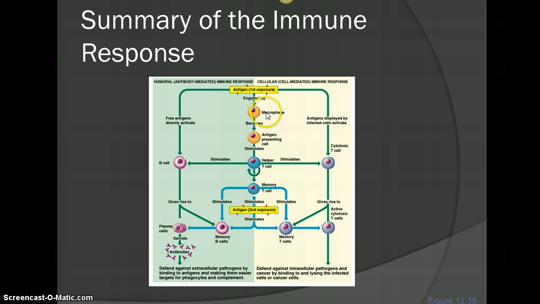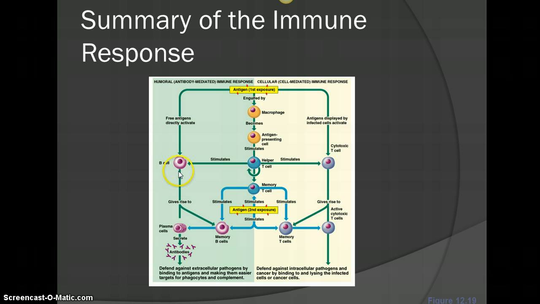A lot of times though, it's engulfed by a macrophage, which becomes an antigen presenting cell, which is that dendritic cell. It goes to the helper T cell, who will then stimulate those B and T cells. So once the B and T cells are stimulated by that antigen, then they start going into gear.